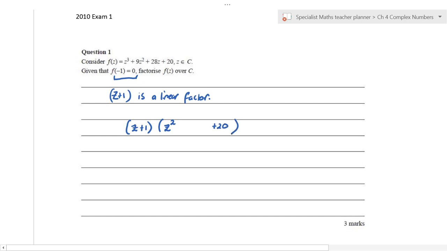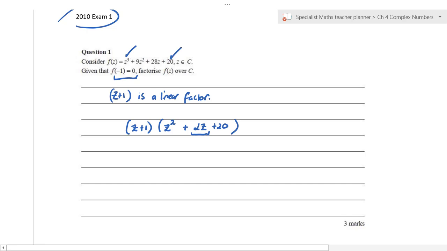Now it says here to factorize. Of course, this is a 2010 exam. We're going to find out what this value is in here. If I go z times z squared, that's z cubed, that's fine. z times 1 times 20 is going to give me 20.